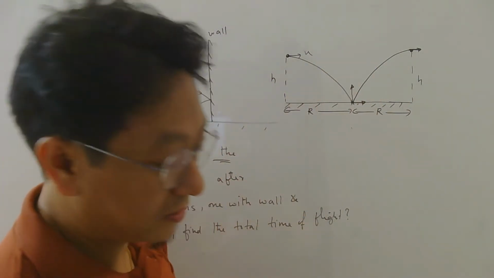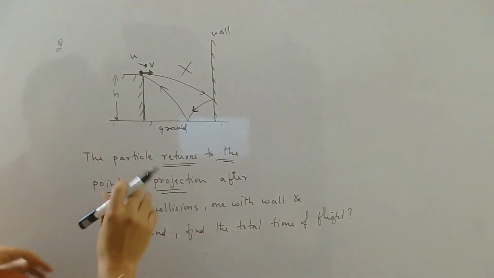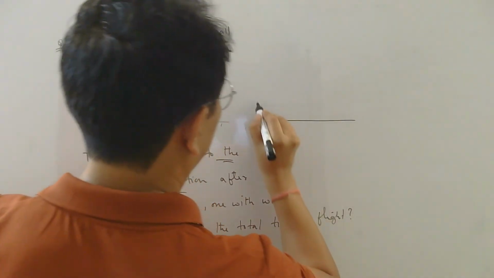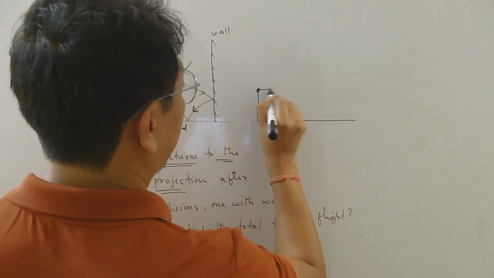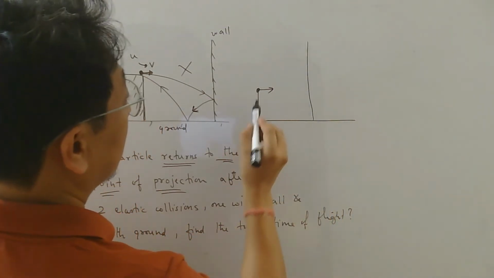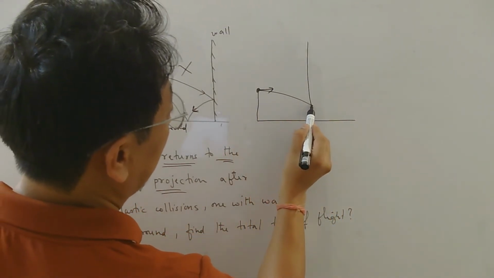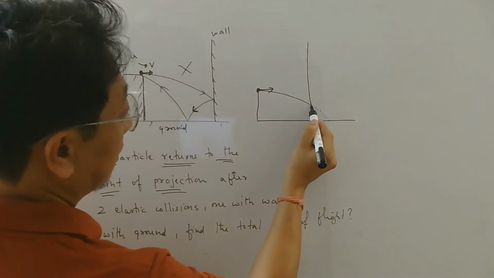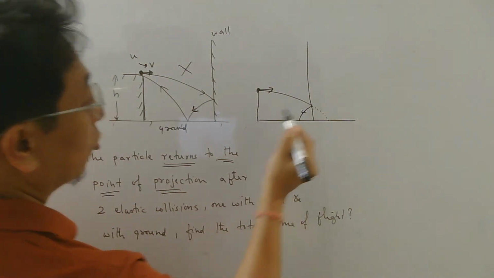Try to remember this. Here, why this is not possible is very simple. We are throwing the particle first horizontally, and we have kept a wall here. So it will go down, and whatever it was supposed to travel here, it will travel this side, that we have already learned.